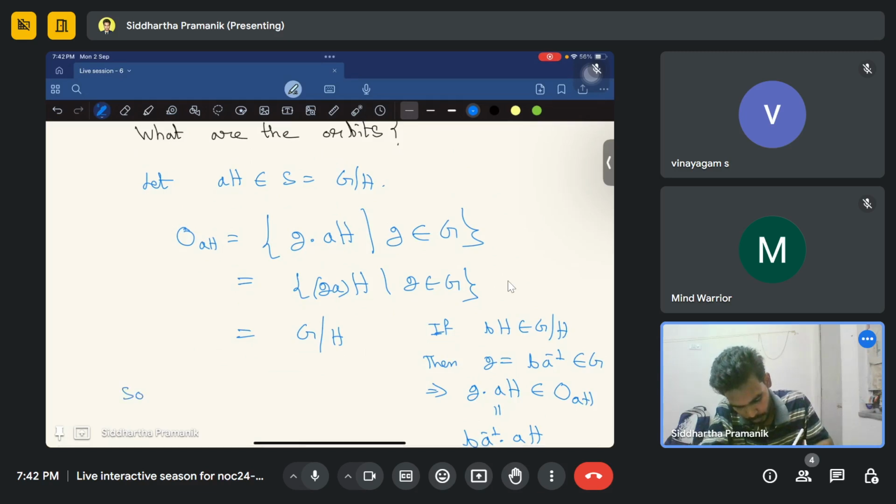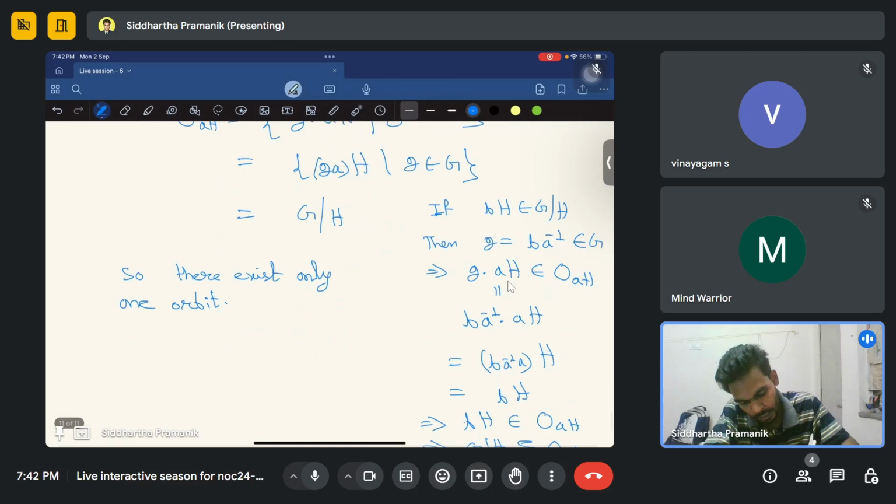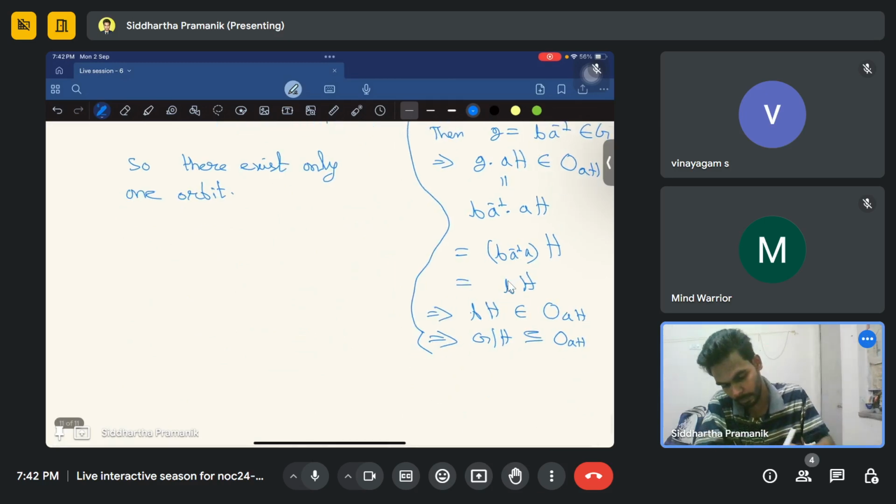So there exists only one orbit for this group action. And this type of group action has a name. So let me also mention that.